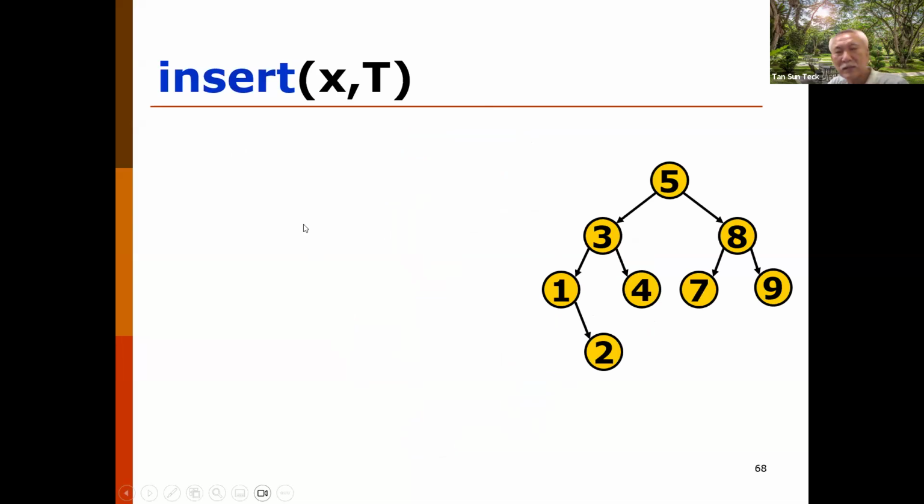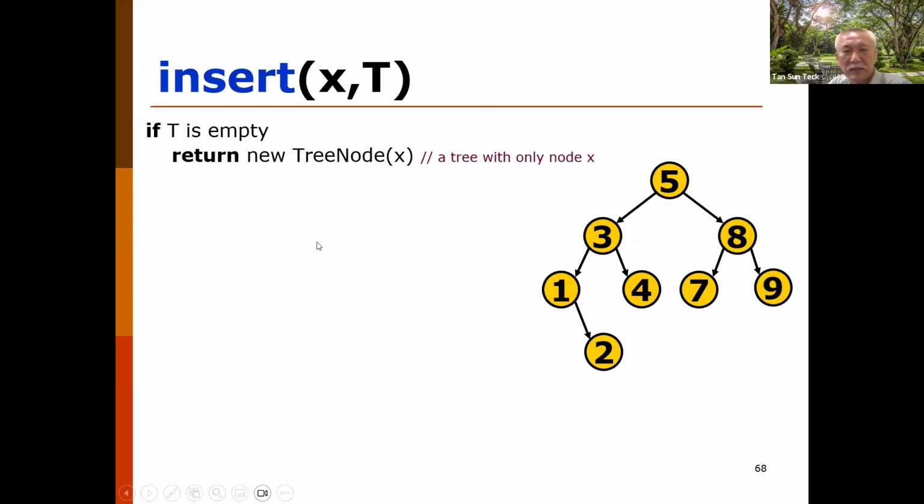But how do you write the function to do it? Insert x to t. If t is empty, you just insert x as a value and create a tree with only one node. Otherwise, if x is less than t item, for example I want to insert 2 and t item is 5, you will go to the left side.